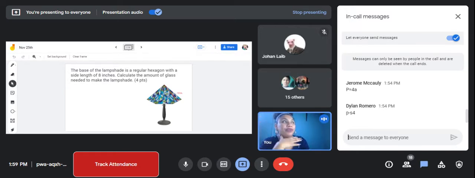Regular means that all sides measure exactly the same, so all 6 sides are measuring 8. Calculate the amount of glass needed to make the lampshade. So we need to find the surface area of this lampshade.